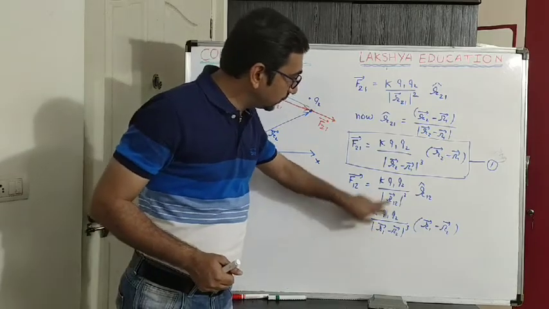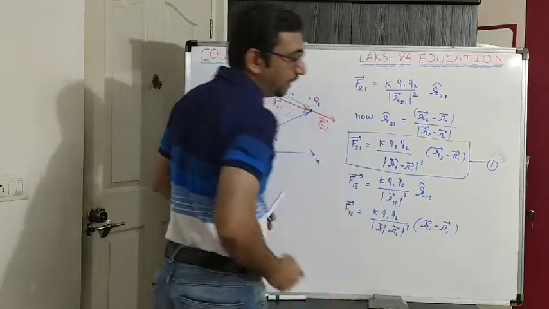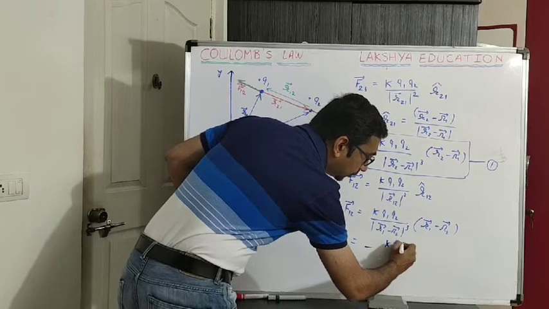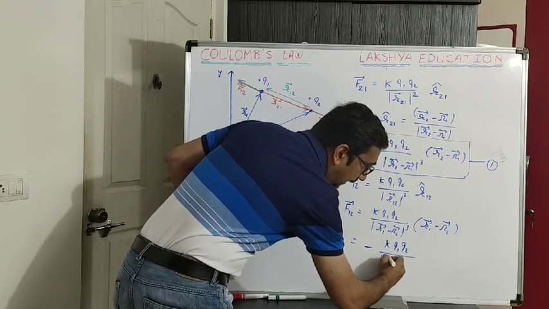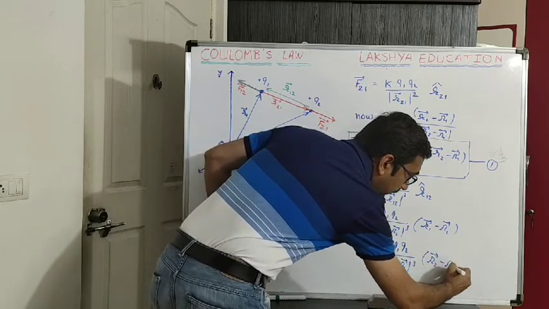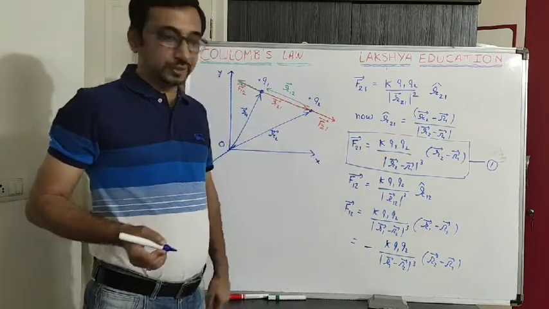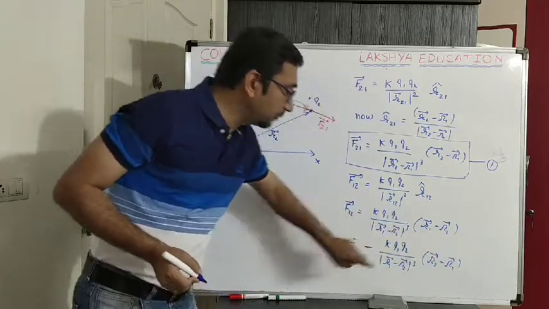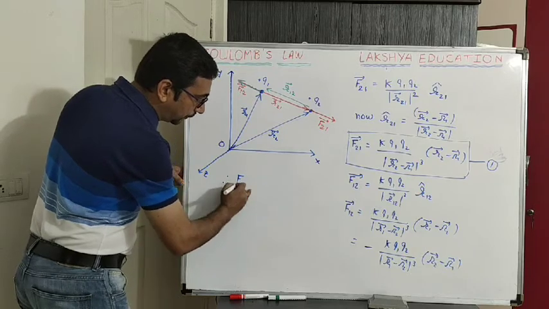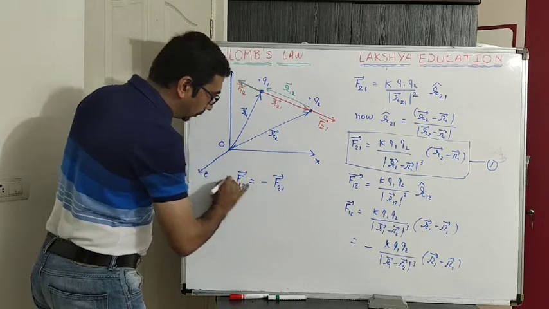So these two are similar, and the r2 minus r1 vector is opposite to the r1 minus r2 vector. So here we can write that negative of K q1 q2 upon r1 minus r2 cubed will convert into r2 minus r1. So if we put the value from equation 1, this is actually similar to equation 1. So F12 is equal to negative of F21.